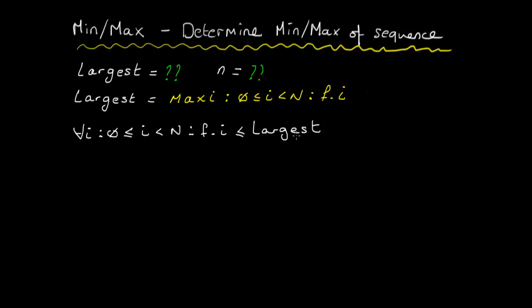Now what is largest? That doesn't make sense yet because we don't know what largest is. Largest is some variable, but how we initialize it will make sense of this. What we do is we assume at the very beginning that the first value in the array is the largest. So if we take an array here, we say that's f, and let's say this is 0, 1, 100, 200, 2.